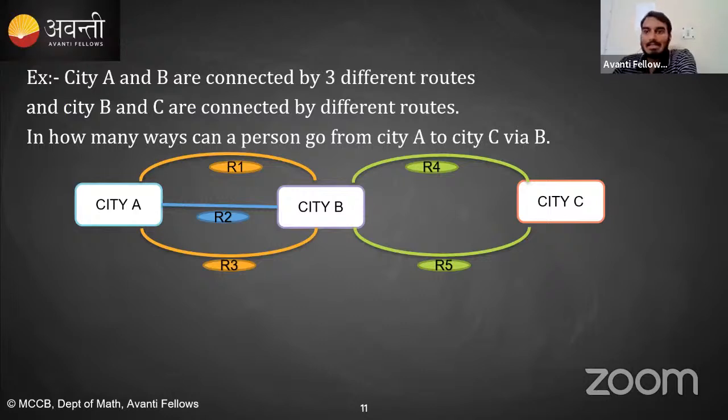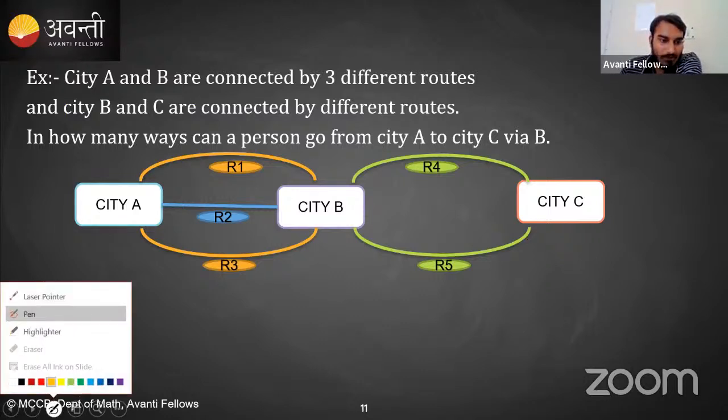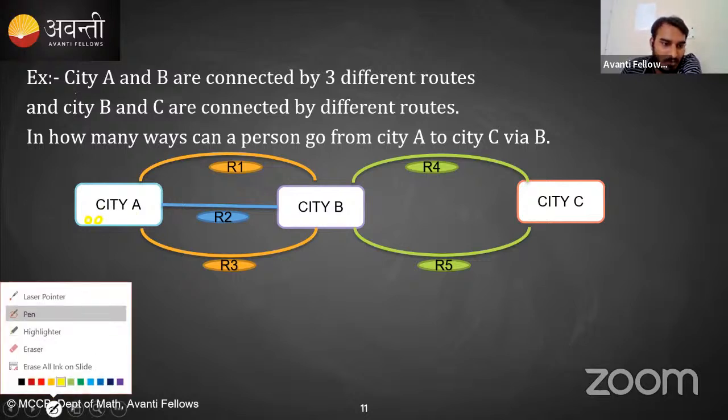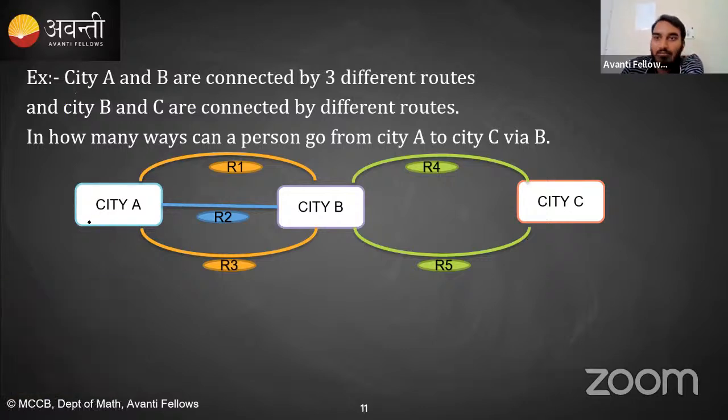So let's start with an example. Let's say city 1 and city 2 are connected by 3 different routes. Let's say city 1 is Ooty and city 2 is Bangalore.